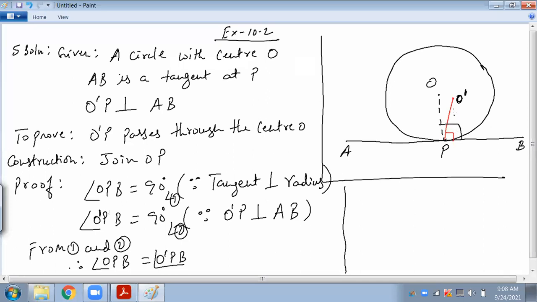But in the figure, if you see, they are not equal. O'PB and OPB are not equal, right? But we got them equal.